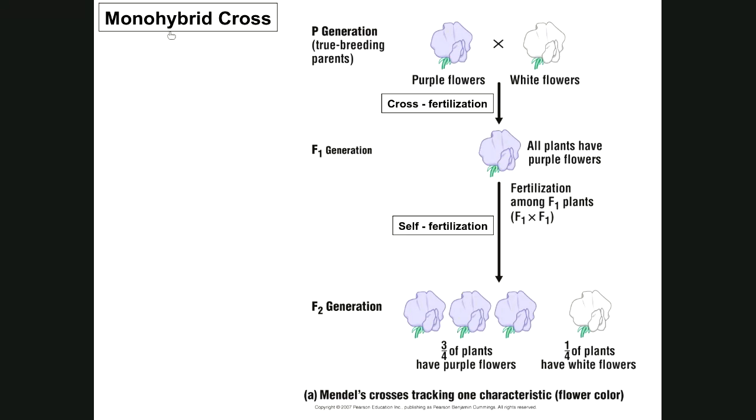So Mendel's experiments consisted of two types. The first type was called monohybrid crosses, and the second type, dihybrid crosses. So listen carefully. The cross for both types of experiments has to do with the first type of fertilization he's going to perform, which is cross-fertilization. In other words, it's going to require two separate parents.